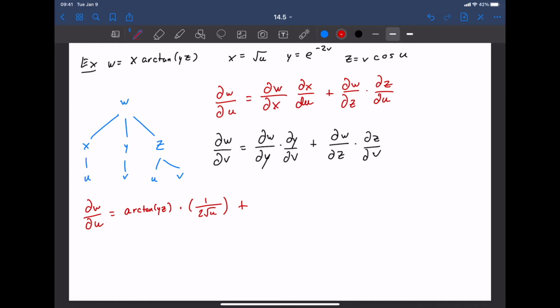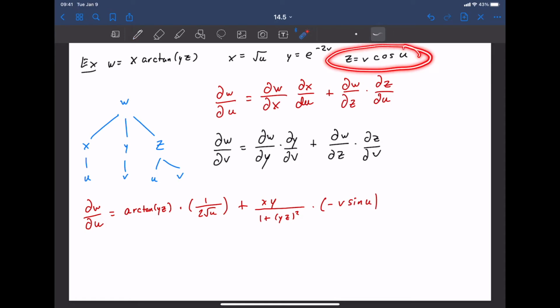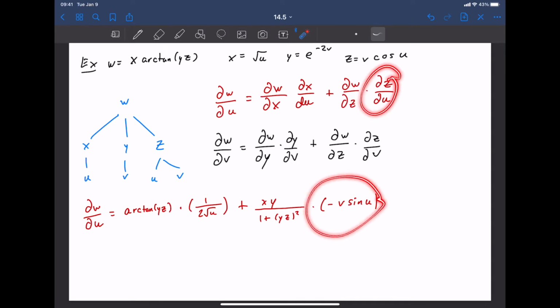Okay, so we're going to have x, holding on to the constant, over 1 plus the inside squared times the derivative of the inside with respect to z, which is a y, times dz du. dz du is negative v sine u. Again, holding the constant v. So we're just like 5 cosine u. That's this component.